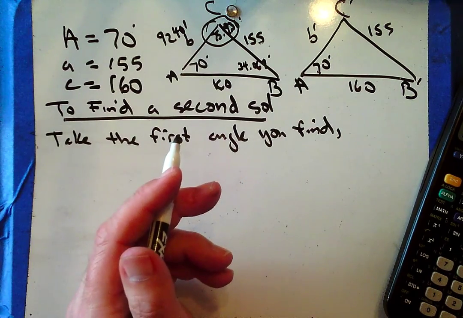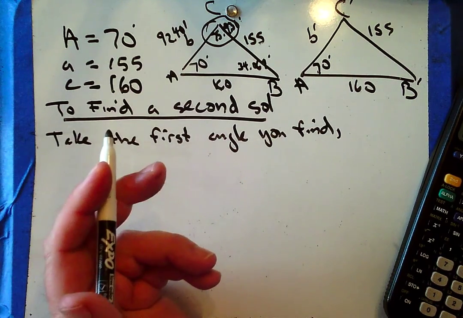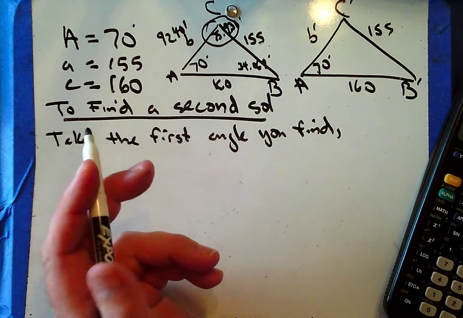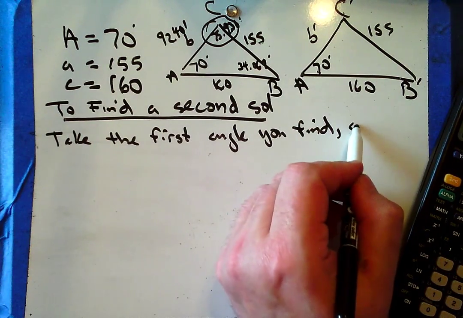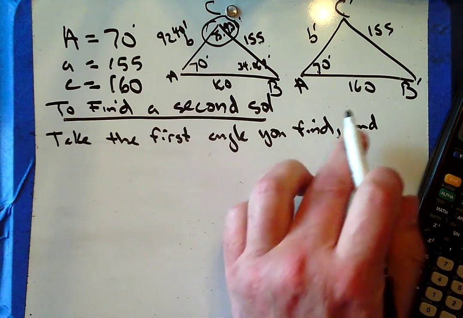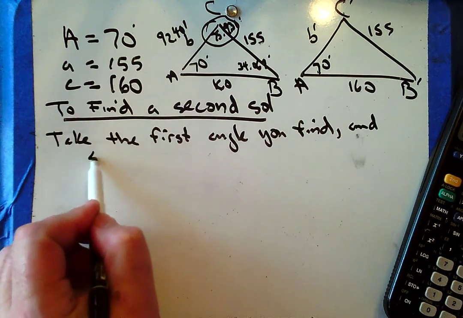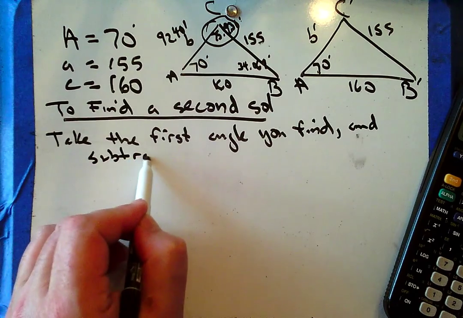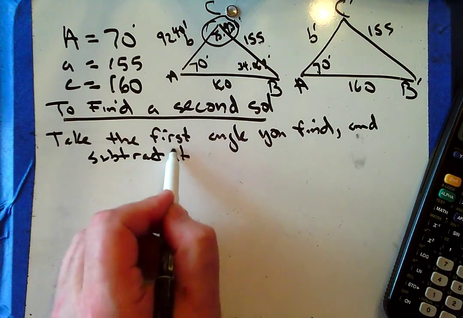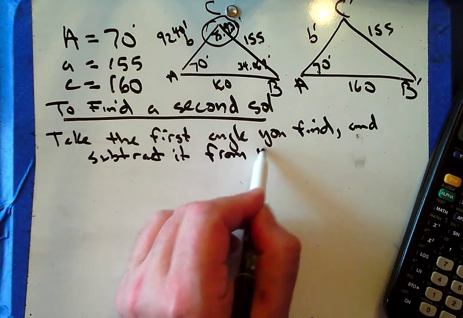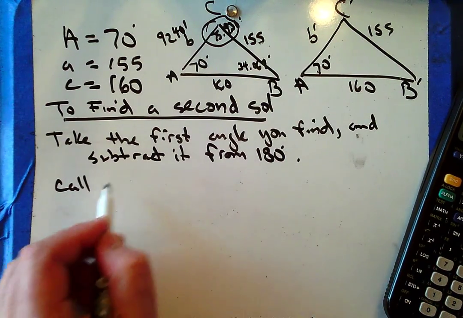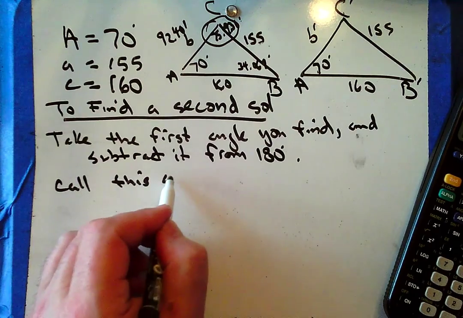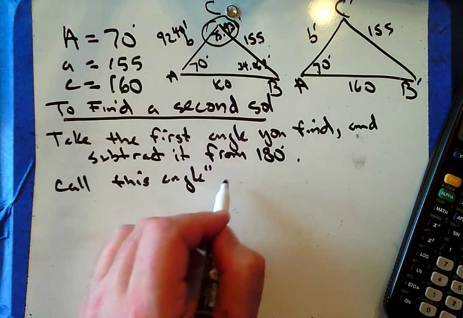They've given me two sides and one angle, and I'm looking for the second angle. So take the first angle you find and subtract it from 180. Call this angle prime.